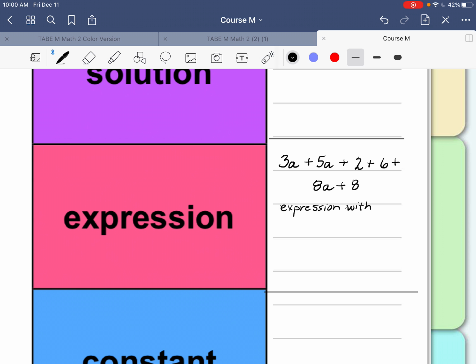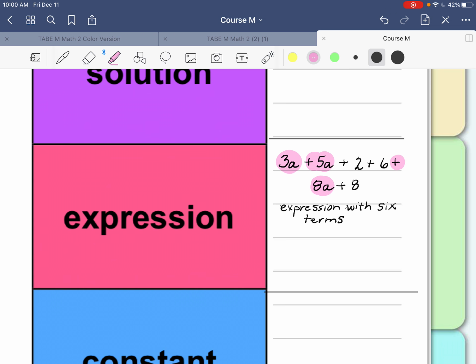And then I'm going to show you how to simplify this expression. How do we make this expression a lot shorter and a lot easier to work with? Well, the first thing I'm going to do is look for terms that are alike. And I'm going to look for all these a terms. There's an a term. There's an a term. And here that's a plus sign. There's an a term. So all of my a terms are marked.